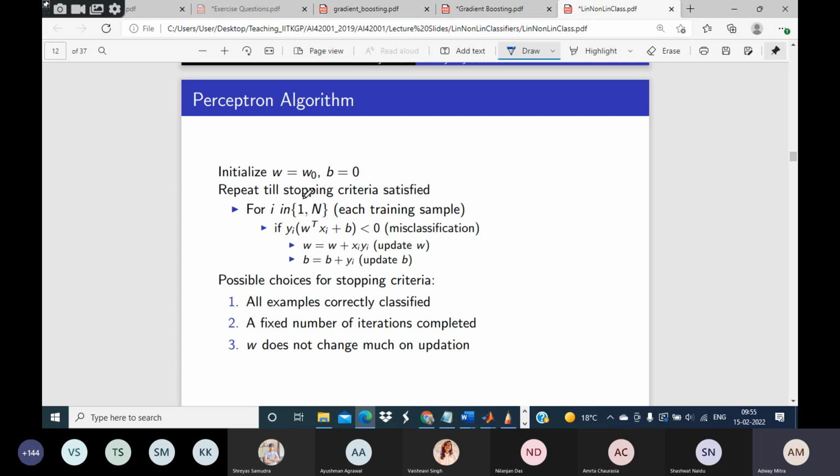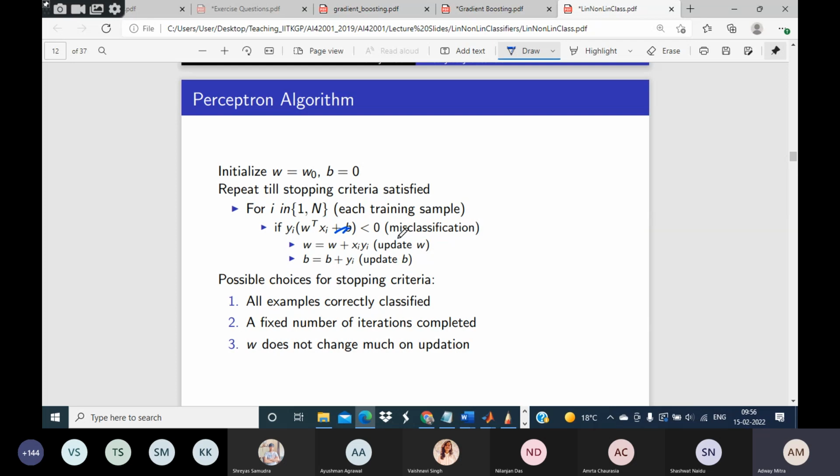Now the algorithm proceeds as follows. For every training data point, so n data points are there, for each one you just see whether it is correctly classified or not. Like I said earlier, this product being negative basically means a misclassification. That is, the true label and the predicted label have different signs.